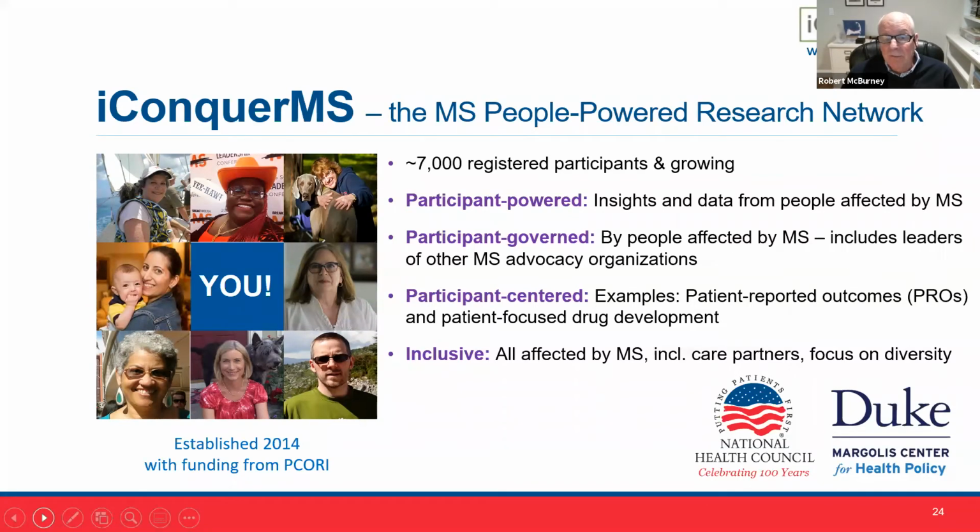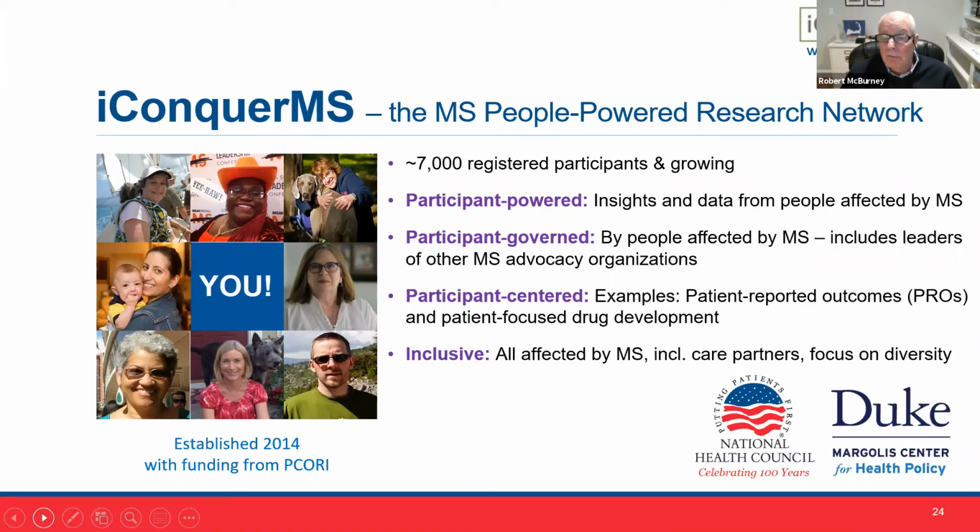The key aspects of the iConquerMS network: it is participant powered, so every aspect of it is driven by the insights and data from people affected by multiple sclerosis. It's participant governed. Every part of its governance, whether it's the governing board or the research committee, is comprised of, or the majority of that entity is, people affected by MS. It's very participant centered.